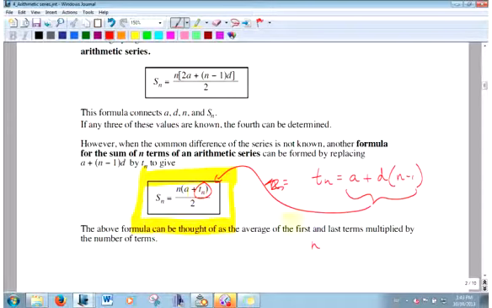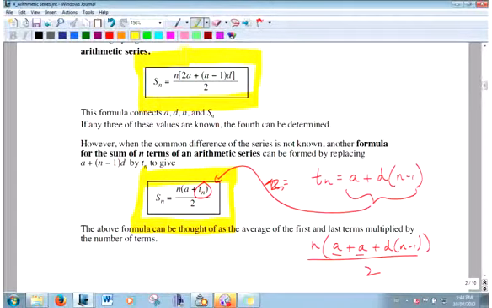So I would have n, a plus t to the n is a plus d, n minus 1, okay, all over 2. If I have an a and another a, how many a's do I have? 2 a's. Well, looky there. Isn't that the same thing? Yes, it is. Okay, so this is the same formula.